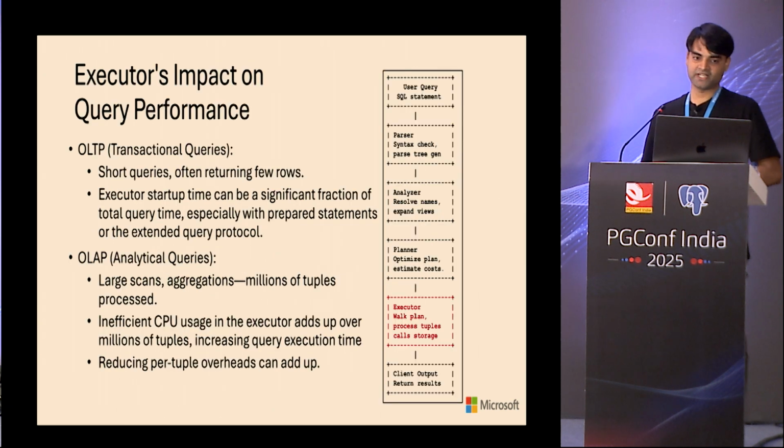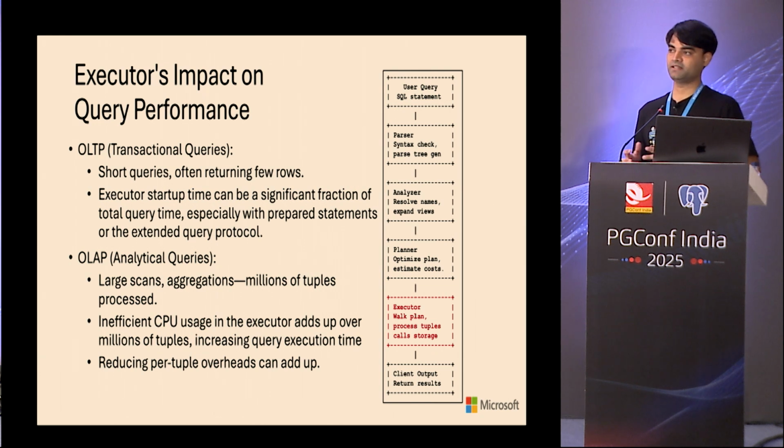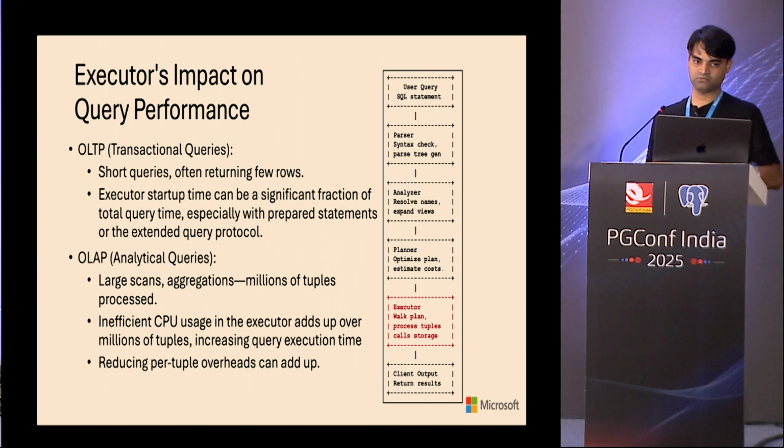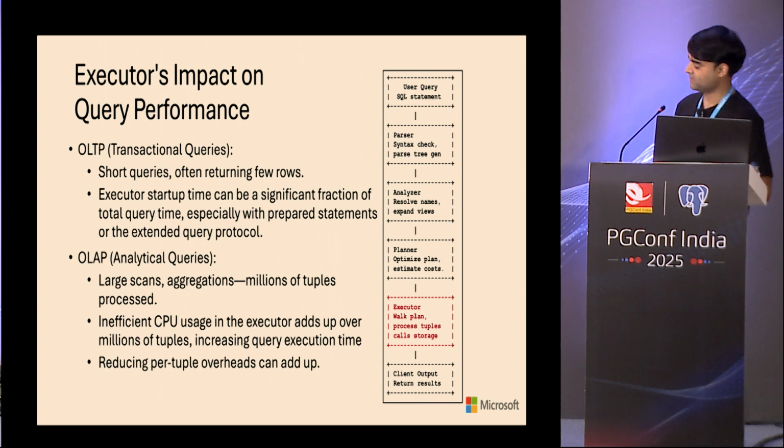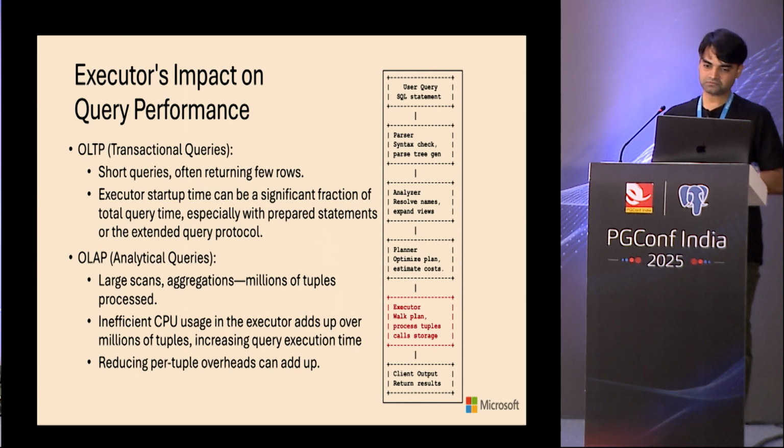First, I would like to clarify what I mean by performance. When you look at the executor, it's one component in the pipeline of query execution. You have the parser, you have the analyzer, the planner. Planner is pretty complex, but the executor is the part that I want to focus on. There are two types of workloads.